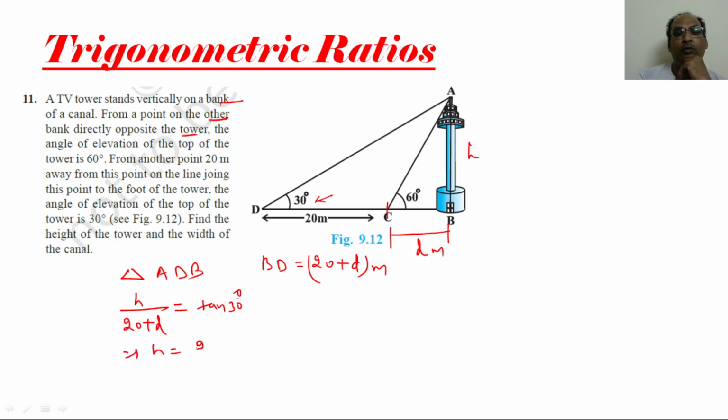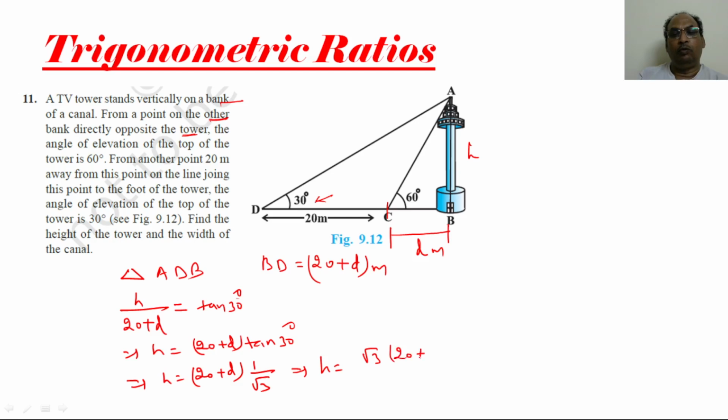H is equal to 20 plus D into tan 30 degree. So H is equal to, tan 30 degree is 1 by root 3. By rationalizing, we will get H is equal to root 3 into 20 plus D divided by 3, because we multiplied root 3 by root 3 and got 3 in the denominator.